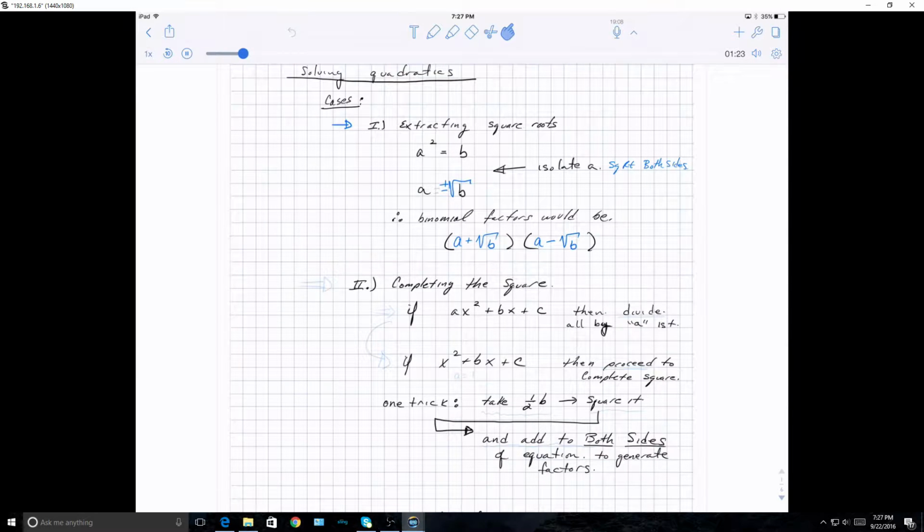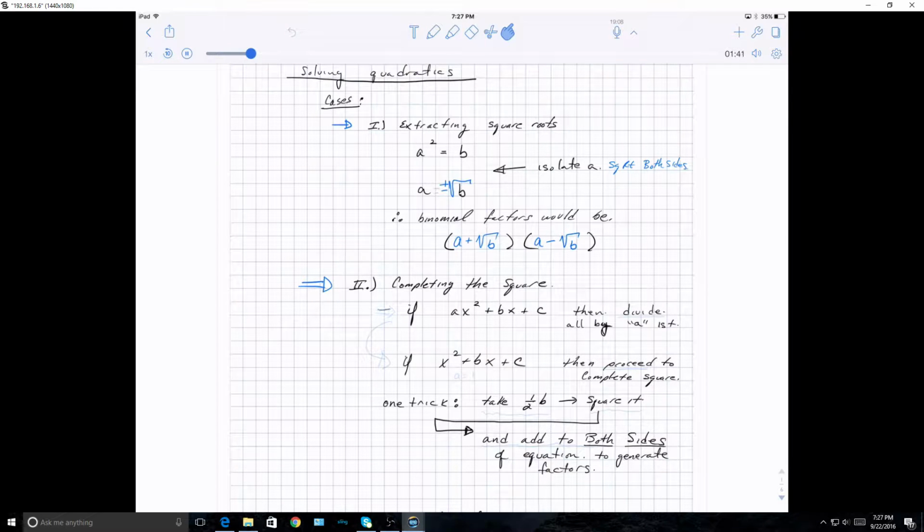Now, if we look at completing the square, one of everybody's least favorite methods, but albeit the most powerful, because it does lead to the quadratic formula. There are only really two things that you need to keep in mind about this.